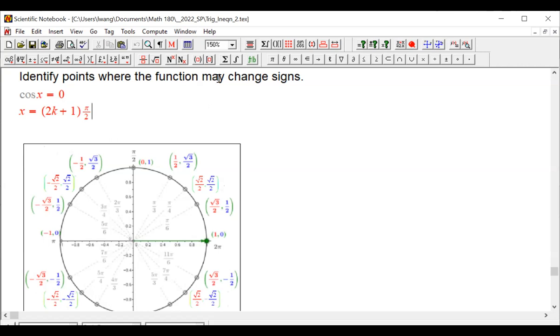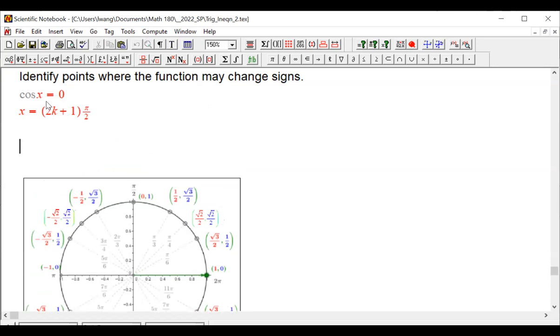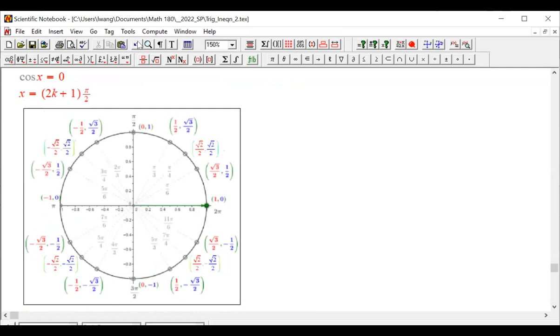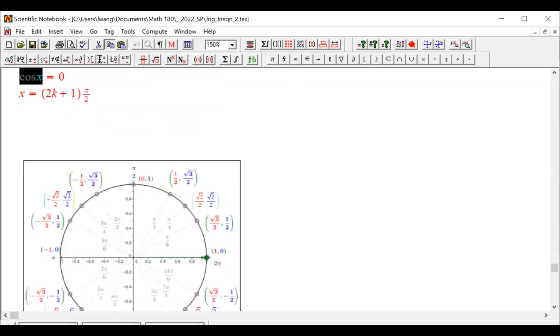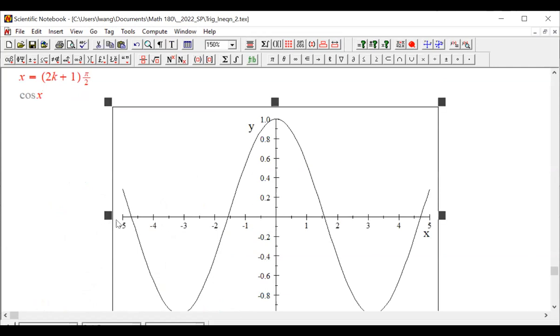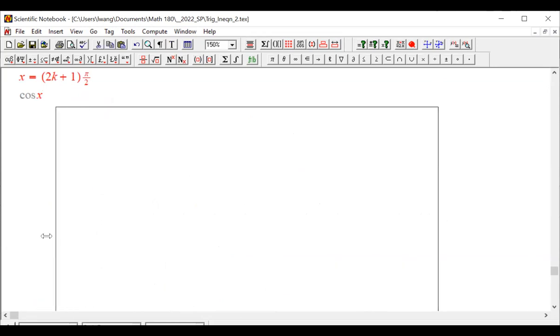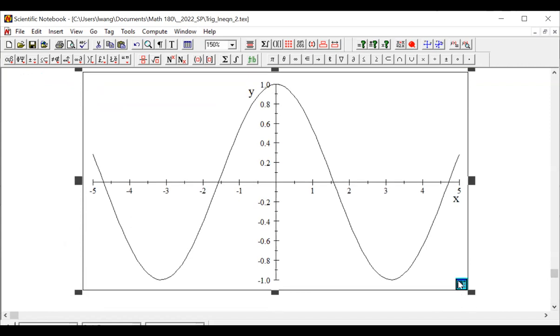So this is similar to cosine x equal to 0 or not equal to 0, which is for tangent, right? That's the domain for tangent. Cosine x, so let's graph the curve. And you know what I meant. So cosine x, we are very familiar with this function.